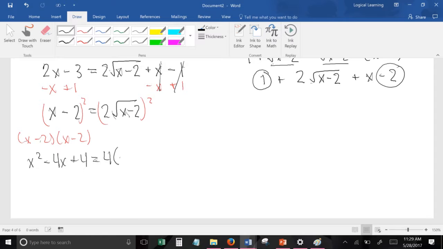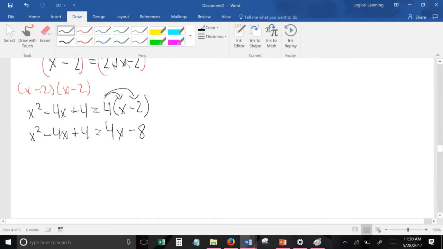Those will cancel each other out, and we'll just get x minus 2. Remember that 4 is multiplying times both of those, so we're going to have to distribute that. So we'll have x squared minus 4x plus 4 is equal to 4x minus 8, just distributing that 4 to both.